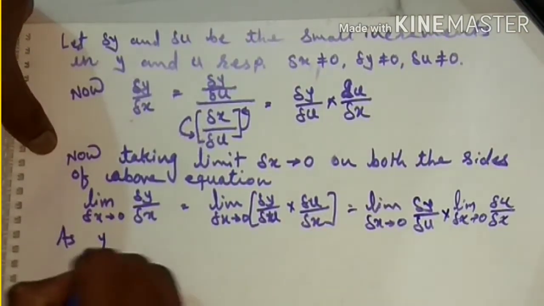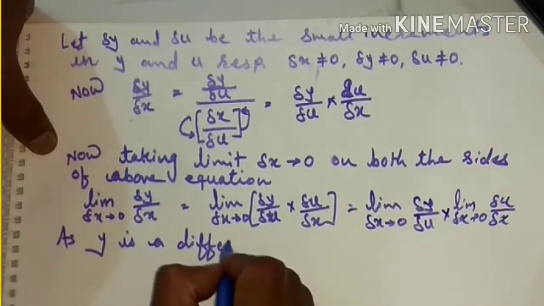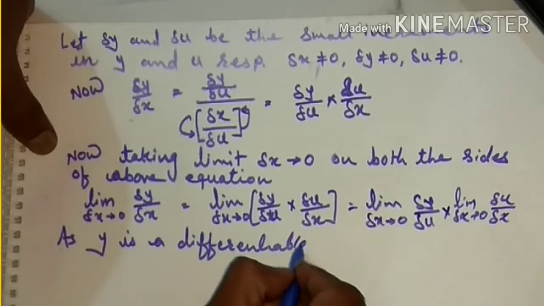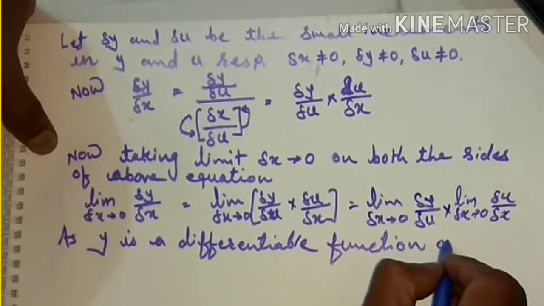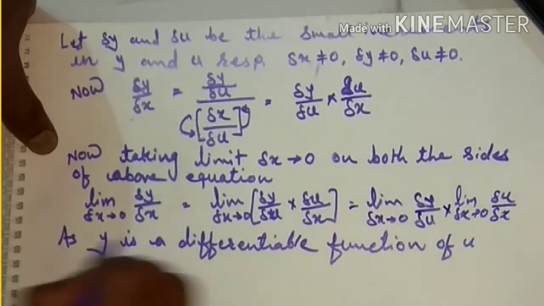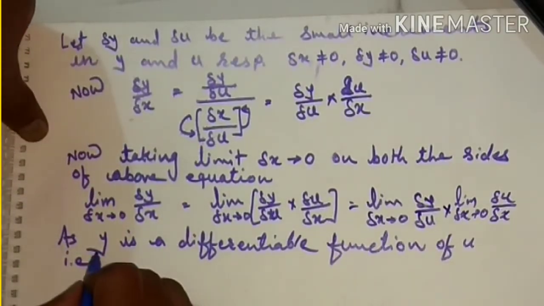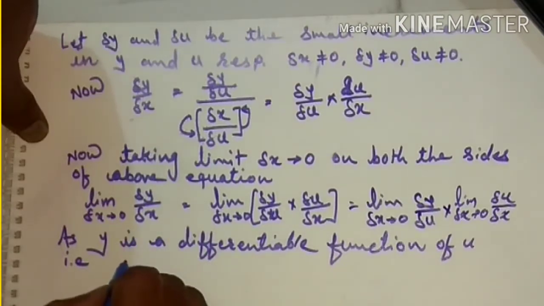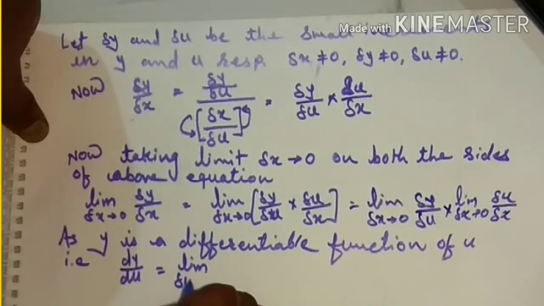As y is a differentiable function of u, that implies dy by du is equal to limit delta u tends to 0 of delta y upon delta u.